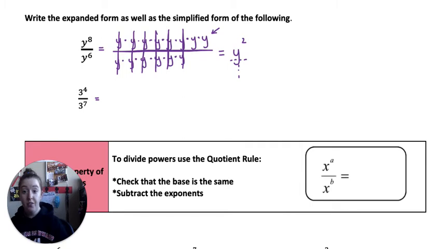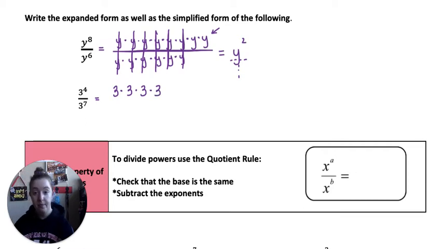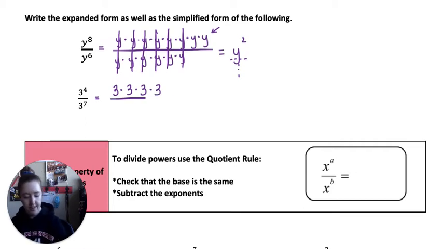We have 3 to the 4th power, so that means I have 3 times 3 times 3 times 3. Divided by 3 to the 7th, so 3 times 3 times 3 times 3 times 3 times 3 times 3.